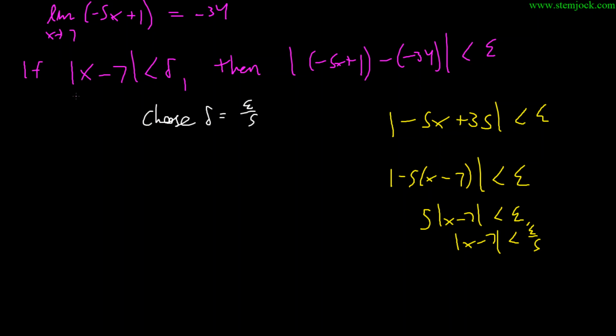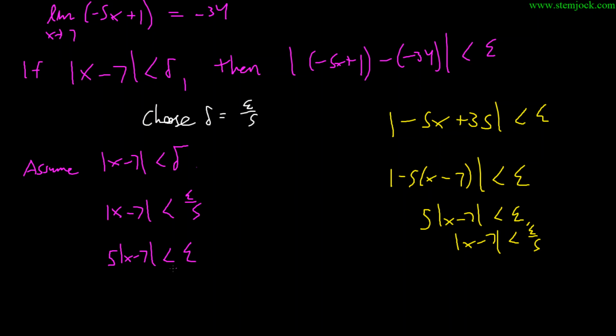Now I'm going to start the argument. Assume the absolute value of x minus 7 is less than delta. We chose delta equals epsilon over 5, so this is x minus 7 less than epsilon over 5. I'm going to multiply both sides now by 5. So 5 times the absolute value of x minus 7 is less than epsilon.